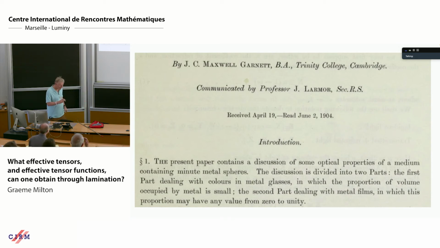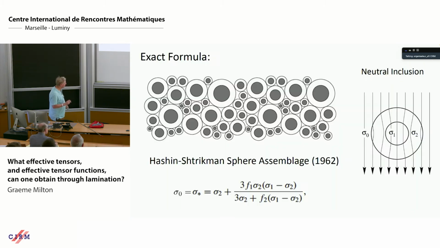So it's interesting that he carried on in electromagnetism. This paper explains the colours of stained glass windows in terms of the metal spheres embedded in them. Gold embedded in glass gives you a red colour, not chemically, but just due to the resonance. It's due to the fact that the denominator becomes very small.